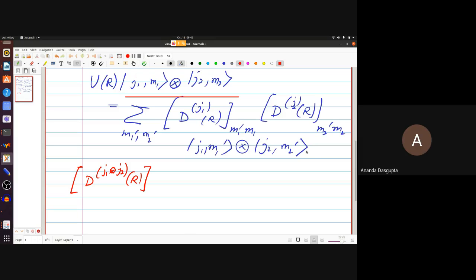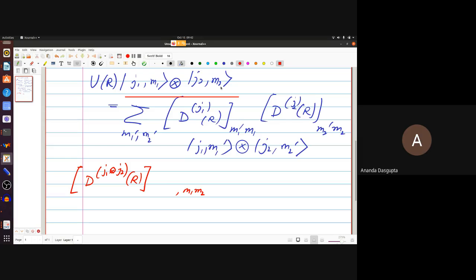Matrices should have only 2. But notice what you really have is that M1, M2 here is really a single index. Of course, this doesn't mean the product M1 times M2. It just means M1 and M2 together. They form an index which qualifies a basis vector of this space.